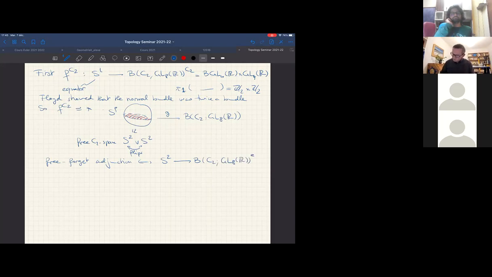And this Lück and Uribe also identify for us. This is just BGL8. And this map is exactly Floyd's classifying map. So this map classifies the non-equivariant normal bundle. And it's trivial by Floyd's computation.